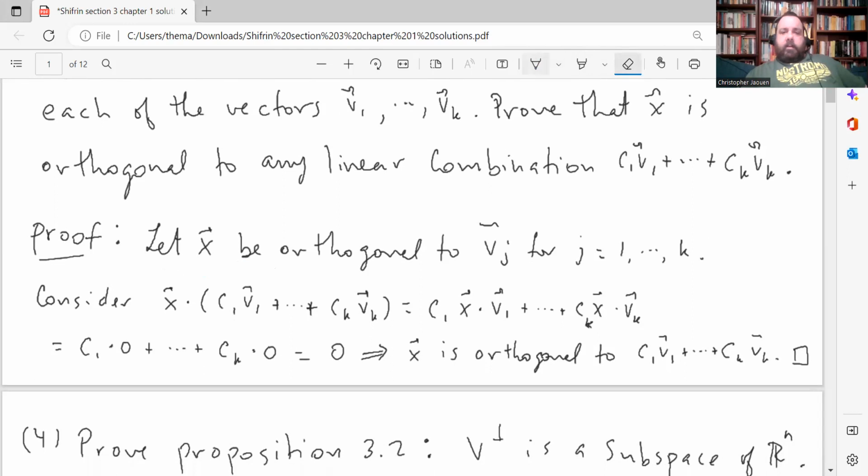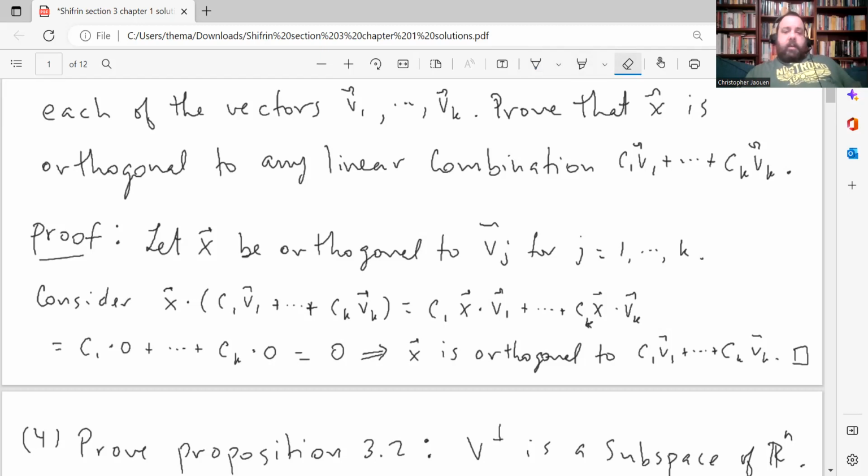There's also a property of the dot product that says you can switch the order of the products. So this is the same thing as c1 x dot v1 plus all the way up to ck x dot vk, and we know that x is orthogonal to each of the vj.